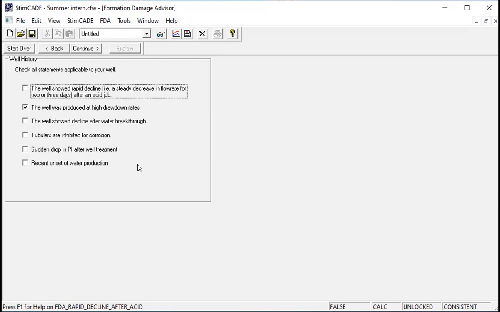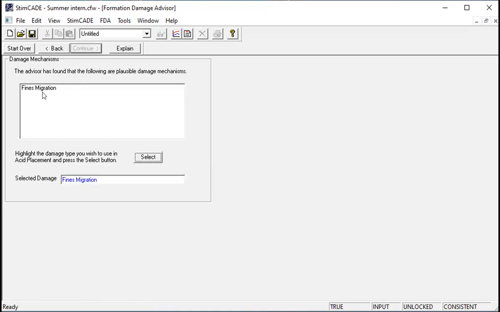So these are various things that will come in to enhance the identification of the type of damage that we may have in our system. They say the well showed rapid decline, so you could also determine each of these. Let's just click two of these and see what we have.